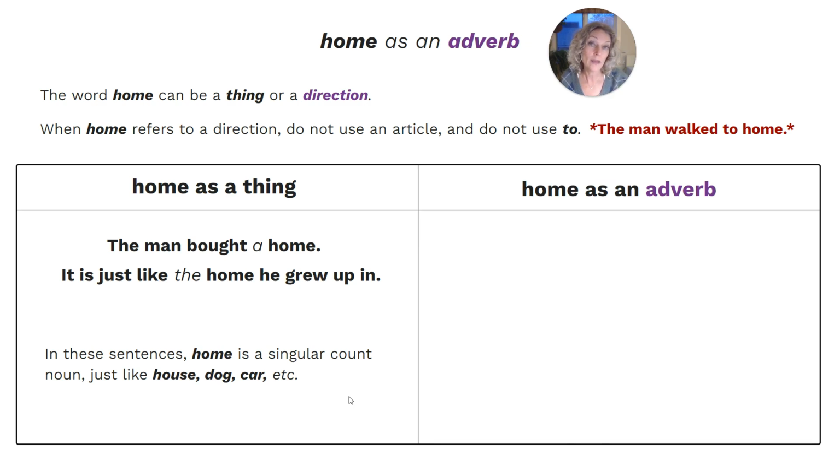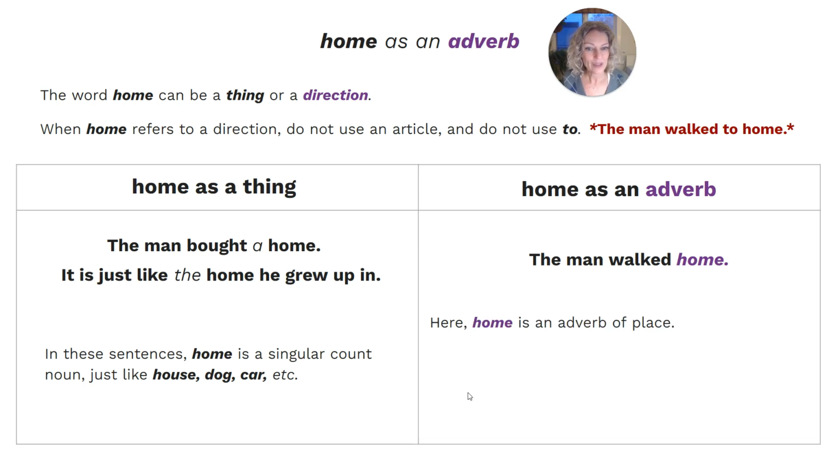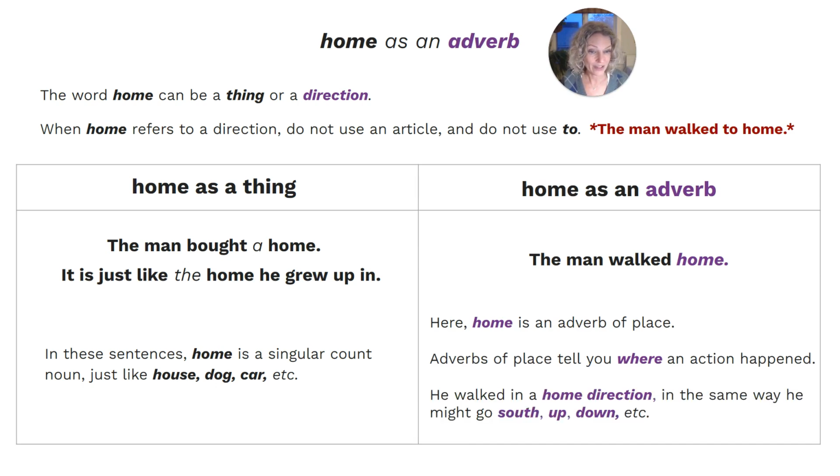But when home is an adverb, we use it like this. The man walked home. And remember, adverbs describe verbs. They describe how or in what way the action happened. So in this sentence, home is an adverb of place, and so it's telling you where an action happened. And so he walked in a home direction.